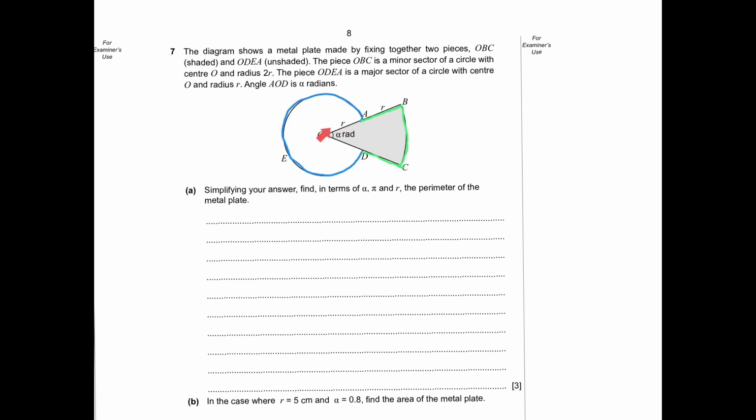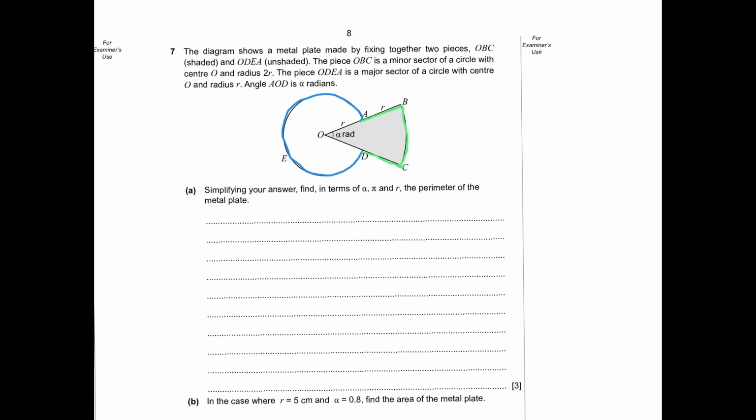Obviously, we are not going to include this because that's actually the inside. Remember, perimeter, we are referring to the distance right around the shape. We can't obviously include these two parts here. They are out.